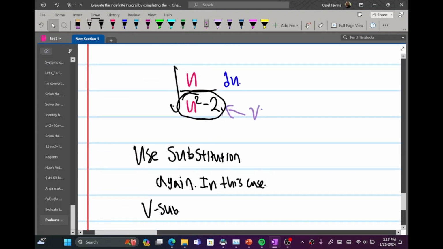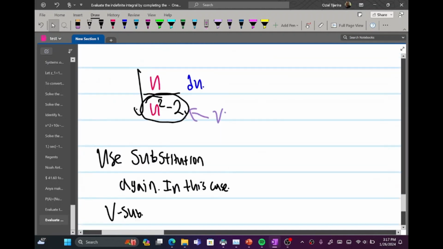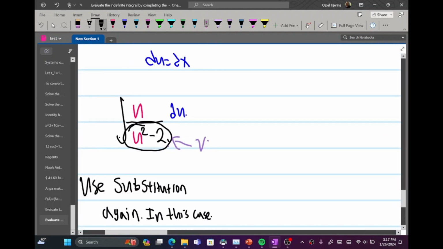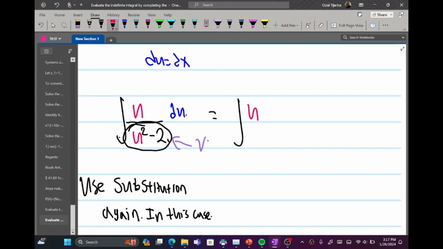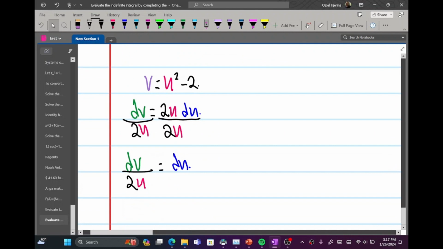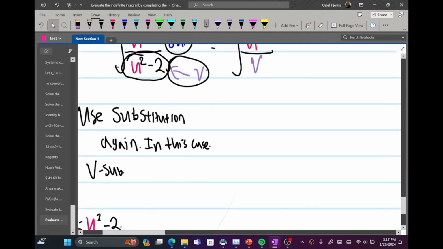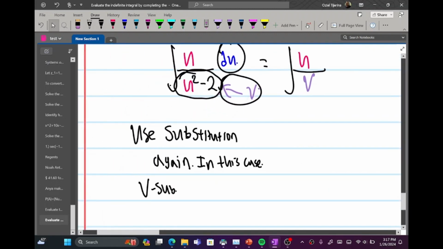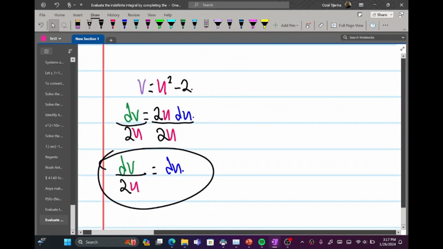Now, here we're just going to substitute, so this is going to equal the integral of u over v, because we made the denominator equal to v, over v, and then the du in terms of the du in this part, not in the previous part, but in this part, we made it dv over 2u.